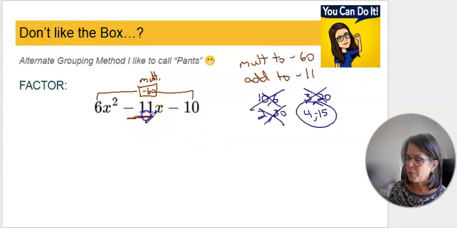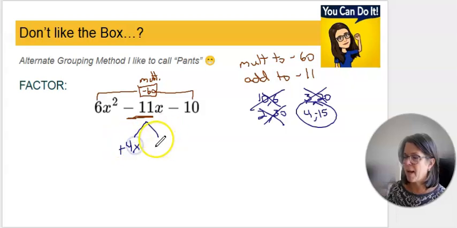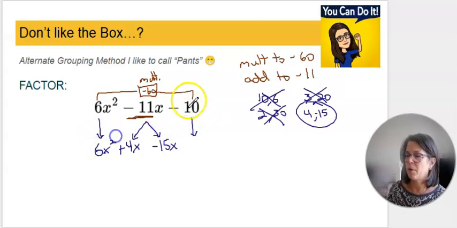All right, that gives me a way to split the middle. And so I have a positive 4x and a negative 15x. Now we split those. If we bring down the first term and the last term, don't lose that negative in front of the 10.